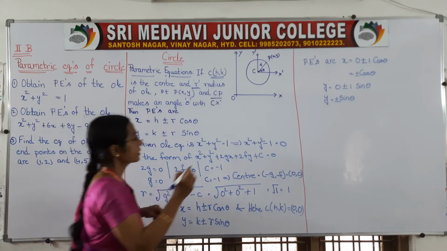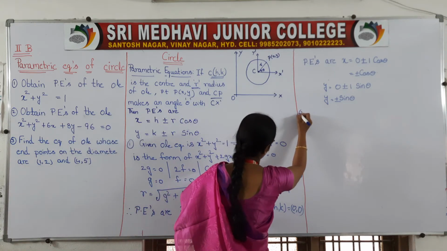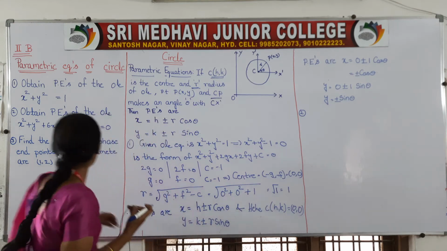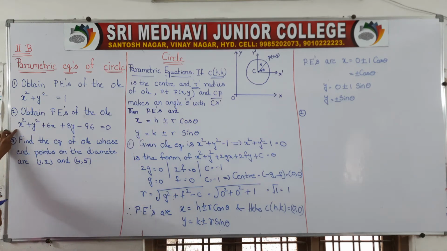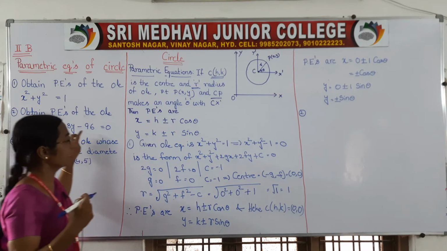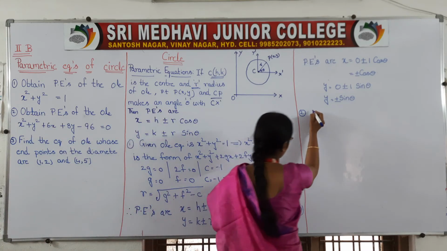Now come to the second question. What is your second question? Obtain the parametric equations of the circle x square plus y square plus 6x plus 8y minus 96 is equal to 0.